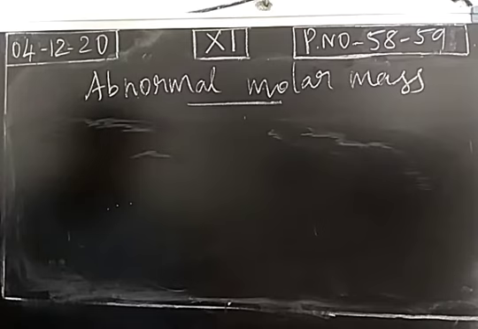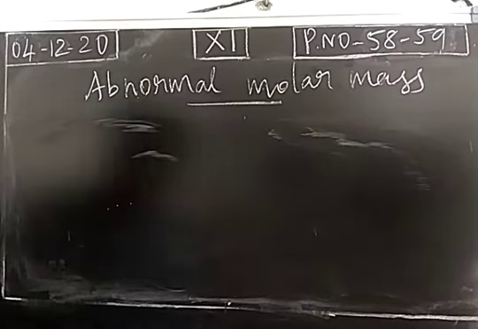So due to the association or dissociation of solute particles, the colligative property will be a different value because the number of particles changed in the solution. So the colligative property will be different and the molar mass of solute value will not be an accurate one. So it will be deviated from the actual molar mass. So this is called abnormal molar mass.